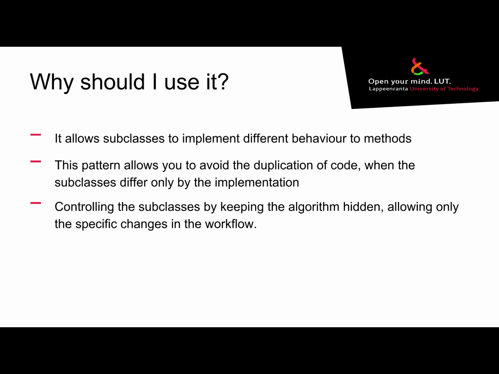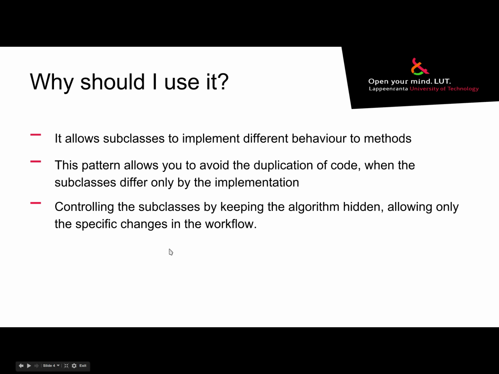The methods will be with the same name. So you can use both classes similarly in your main or wherever you're using them. So you are actually hiding the algorithm and thus controlling the subclasses. And you are only allowing specific changes in the workflow.